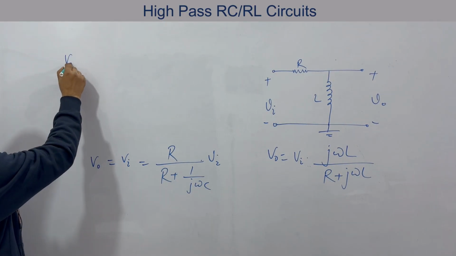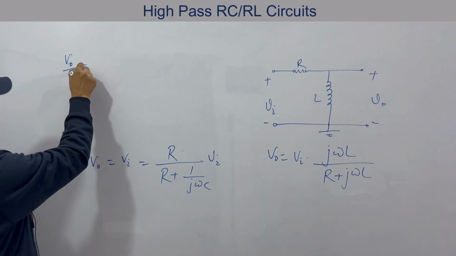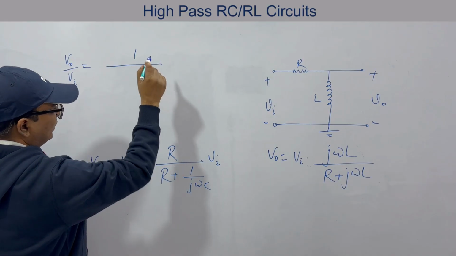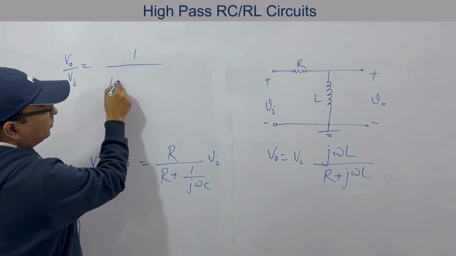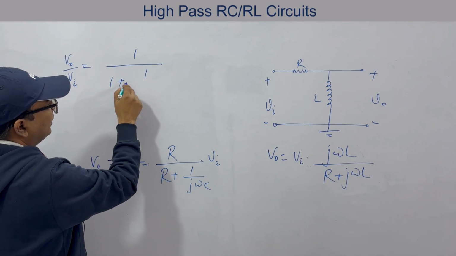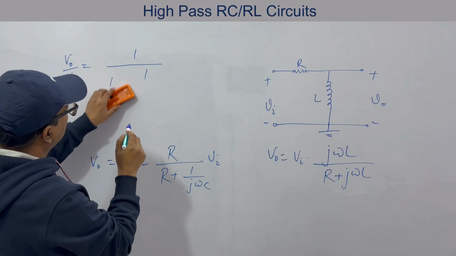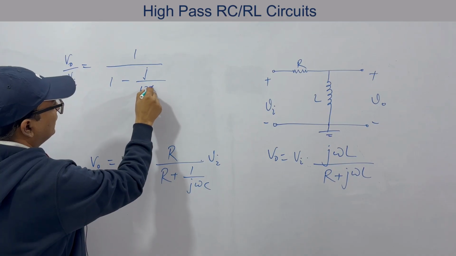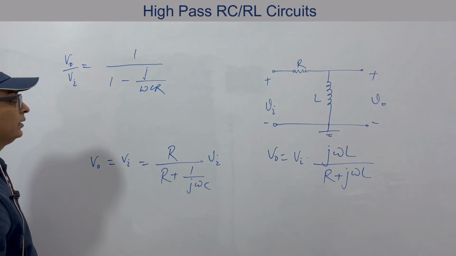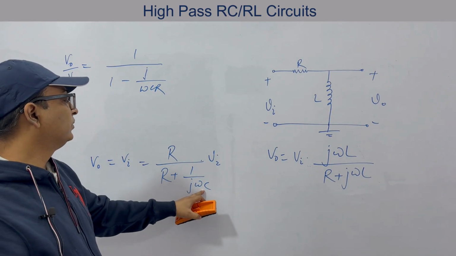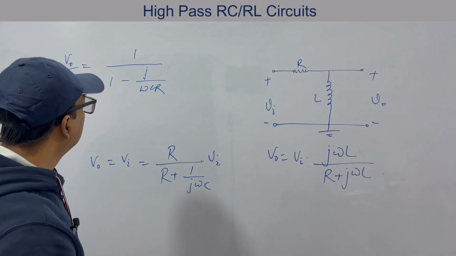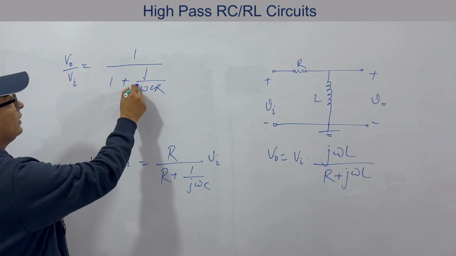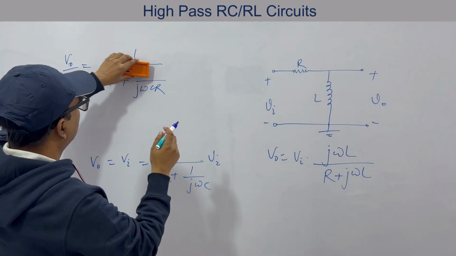So, what is V output by V input? It is, if we take R out, 1 by 1 minus j by omega C R. Okay, R we have taken out, so we get R in the denominator. So you can write 1 minus j by omega C R, or you can write 1 by j omega C R, whatever you wish to.